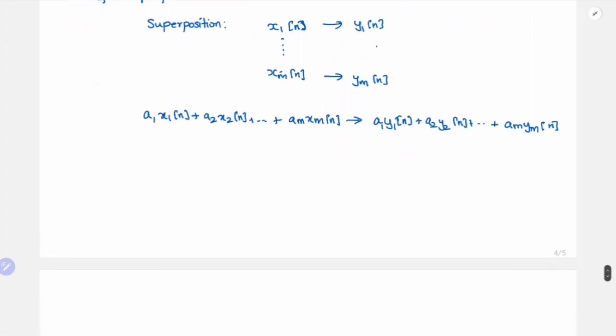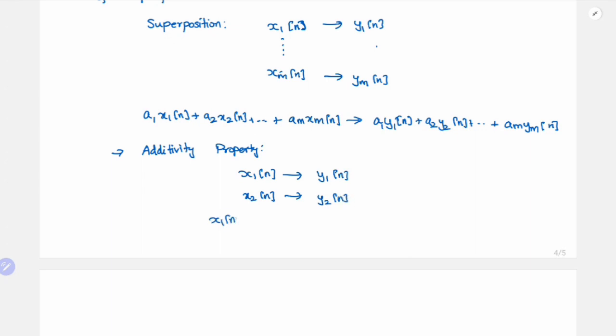So the superposition property can be broken down into two. The first one is the additivity property. It states that if x1 of n gives y1 of n and x2 of n gives y2 of n, then x1 of n plus x2 of n should give me y1 of n plus y2 of n.